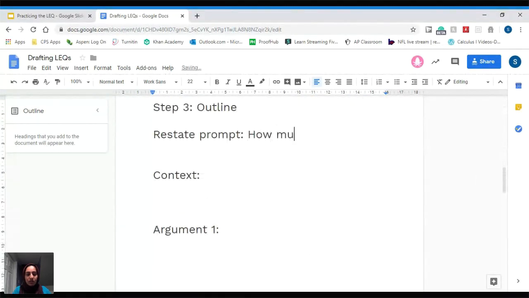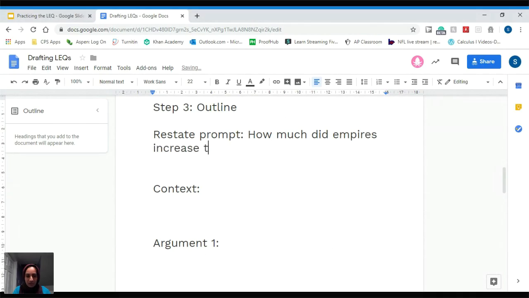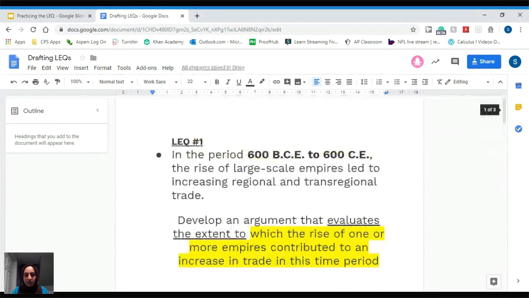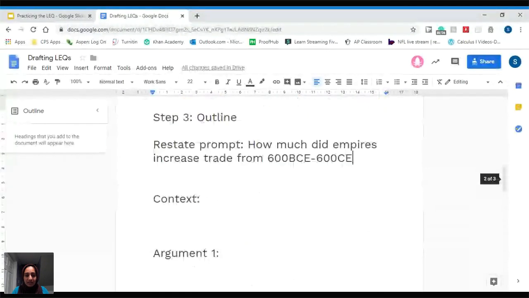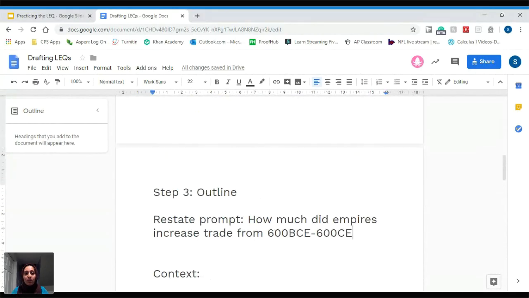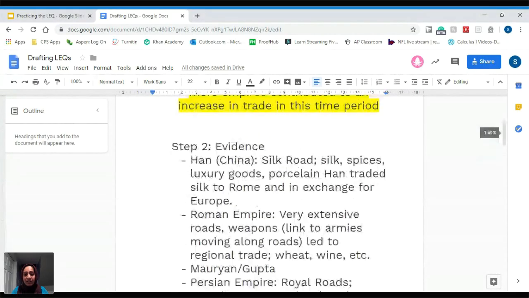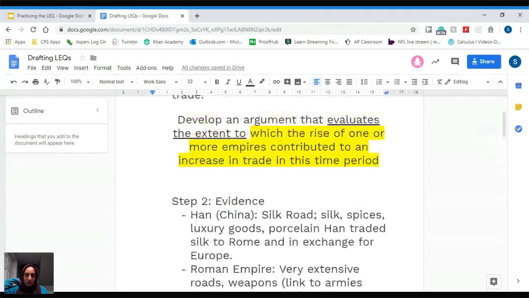How much did empires increase trade from 600 BCE to 600 CE? That basically gives me a summary. I was able to shorten all of this down into this. So how much did empires increase trade? Or how much did these empires have an effect on trade?